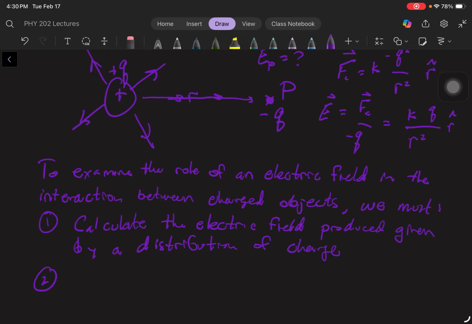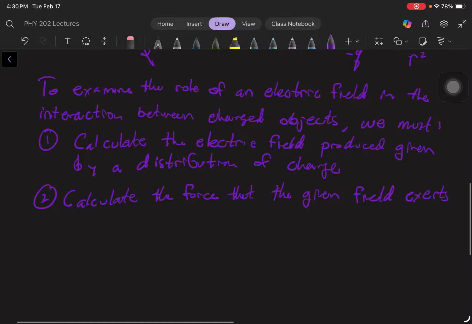And then after that, you can calculate the force that the given field exerts on a charge placed in it.